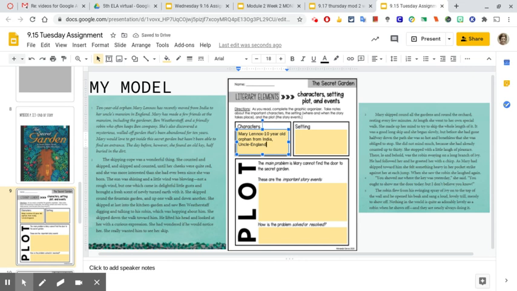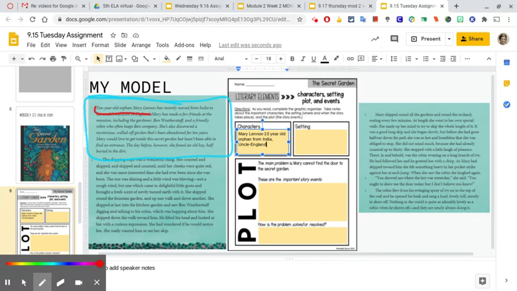Look, right here. I'm going to show you with my pen. Right here is where I'm at. Okay. So far, yep, we have talked about 10-year-old Mary. Then we have the uncle underneath who's from England. She's from India. She has made friends at the mansion.